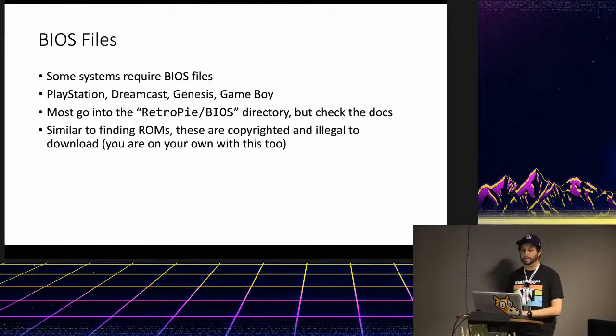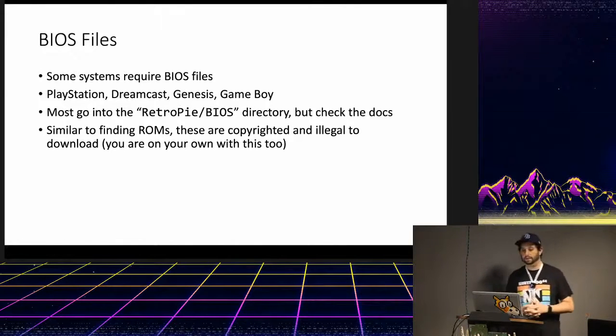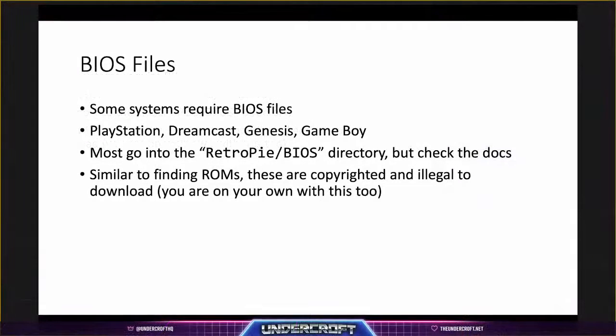Dreamcast requires a BIOS. Genesis, Game Boy, so they do require it. And this is, again, a prerequisite before you're really jumping in and playing these games on the emulator. So there's a very kind BIOS directory on your RetroPie. You'll find it very quickly. So ROMs go in ROMs, BIOSes go in BIOSes. You'll know you have the right BIOS when the MD5 hash matches the one in the documentation.